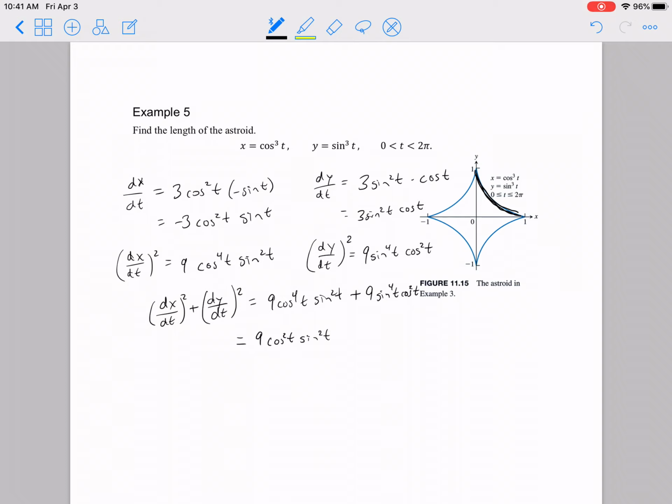If we factor that out, what's left from the first term is a cosine squared, and from the second term is a sine squared. And when that happens, this is just 1. And so this will just end up equaling 9 cosine squared t sine squared t.